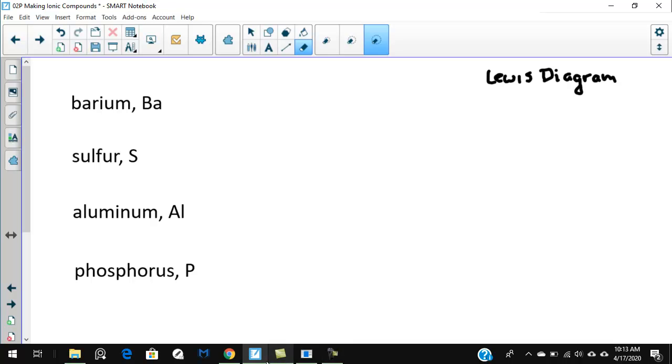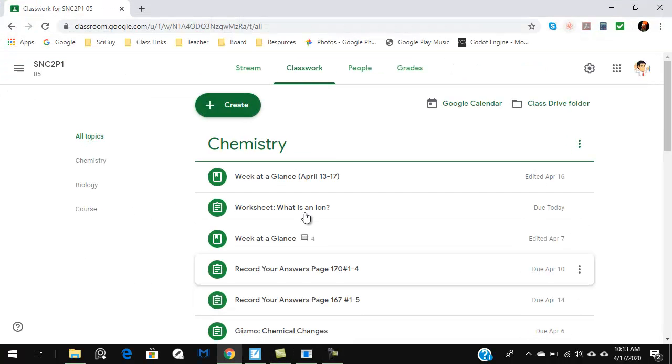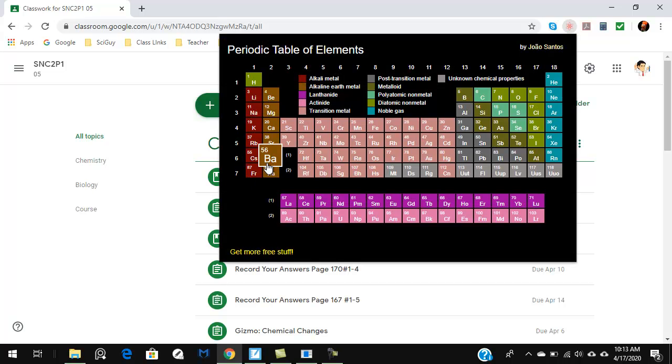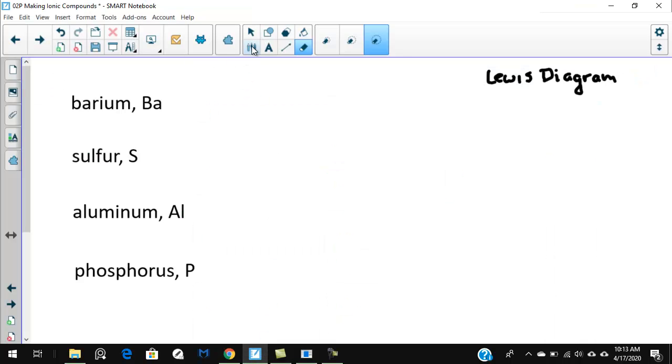So when we look at this picture again of the periodic table, and we find barium, the shortcut is this. The number up here helps us to know how many electrons would be in the last orbit of an atom. So because barium is in the second group, that means it's going to have 2 electrons in its last orbit.